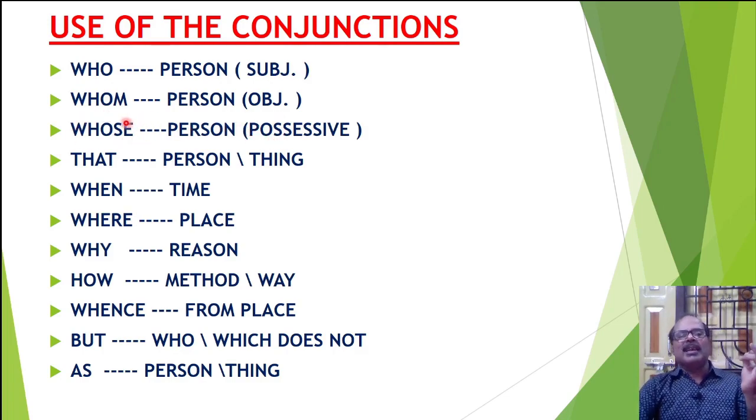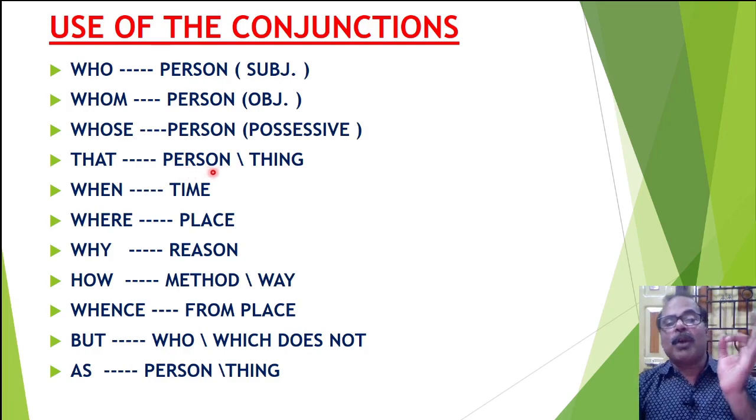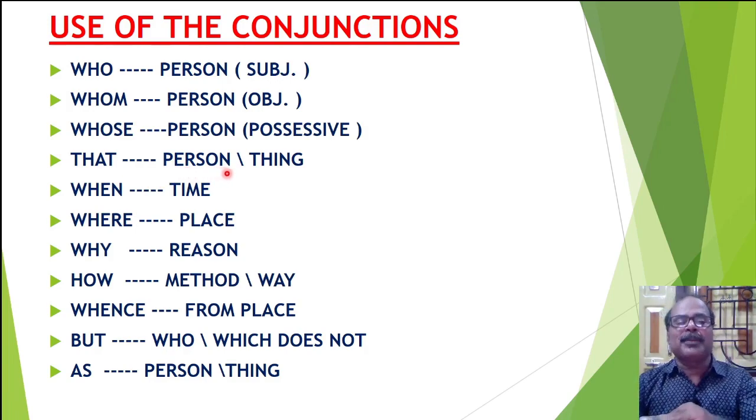Whose, this very term is actually who apostrophe s, and that becomes whose. That is used both for person and for thing. When, and here actually I forgot to mention one of the conjunctions, that is which is used for person, or sorry, for things, which is used for things, which, mind you, please keep it in your mind, I made a mistake.